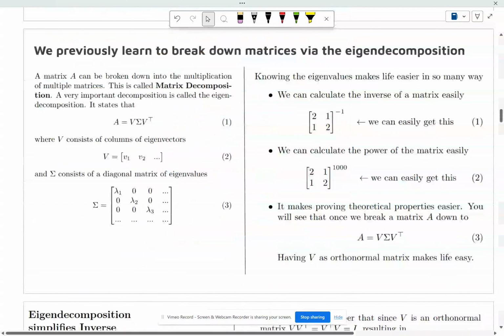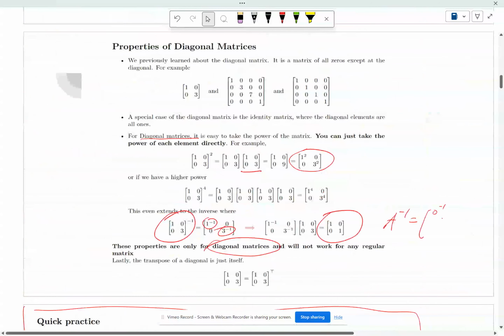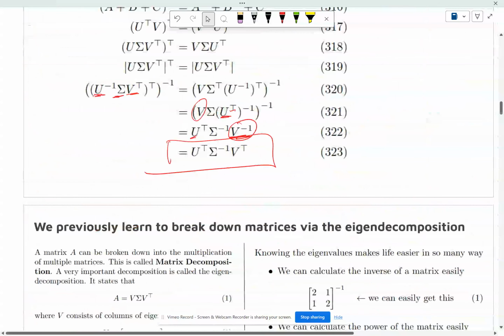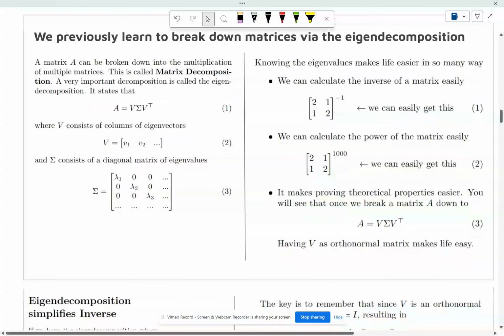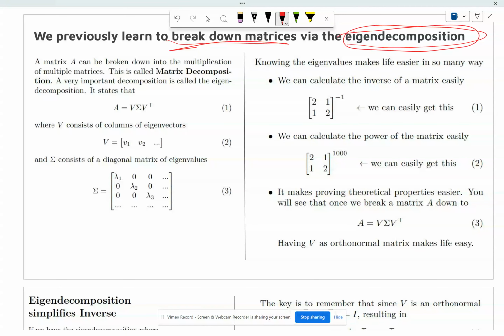Now we're ready to move on. Okay, so now that we've gone through some very basic manipulation and properties, this will help us later on. In the last class, we learned how to break down a matrix via eigendecomposition.